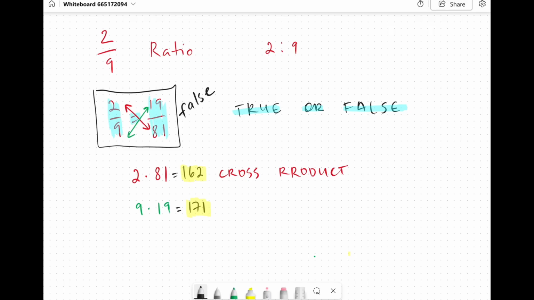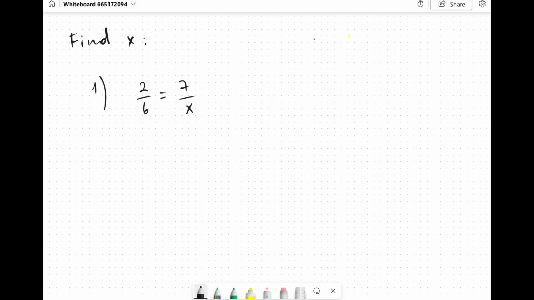Sometimes you will be given a proportion where one of four numbers is the unknown. And to solve for that unknown, you have to still use cross products. Now for those problems, we will be assuming that our proportion is true. So here you have 2 over 6 equals 7 over x.